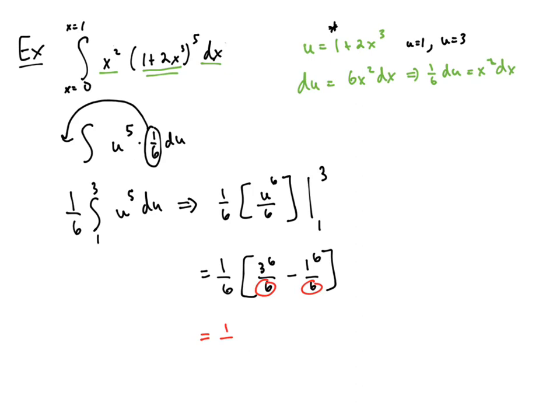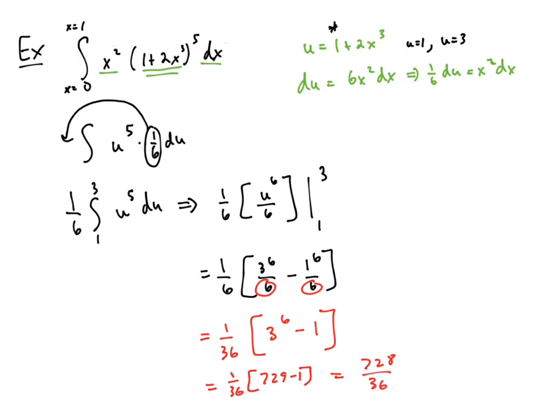This will be 1 over 36 times 3 to the 6th minus 1 to the 6th, which is just 1. So 3 to the 6th is 729. So 1 over 36, 729 minus 1. So we get 728 over 36.